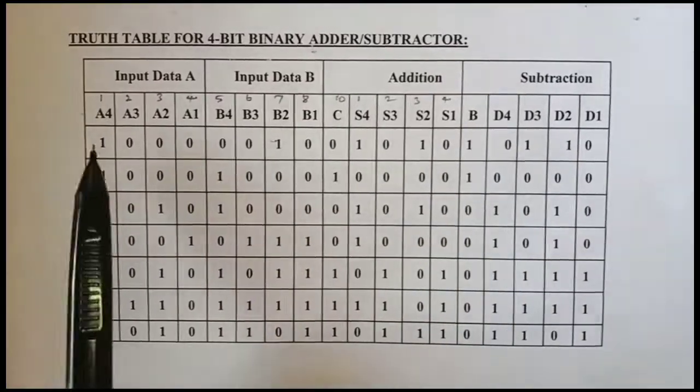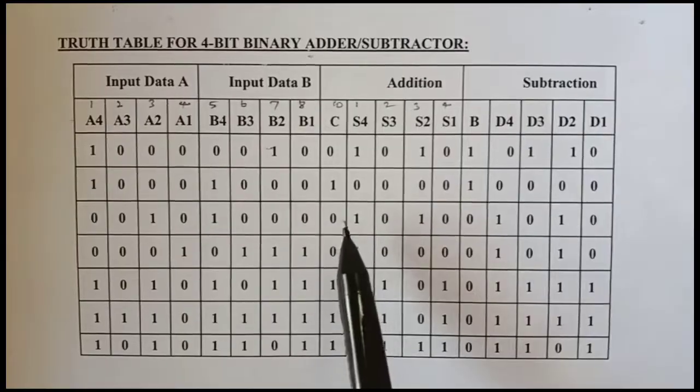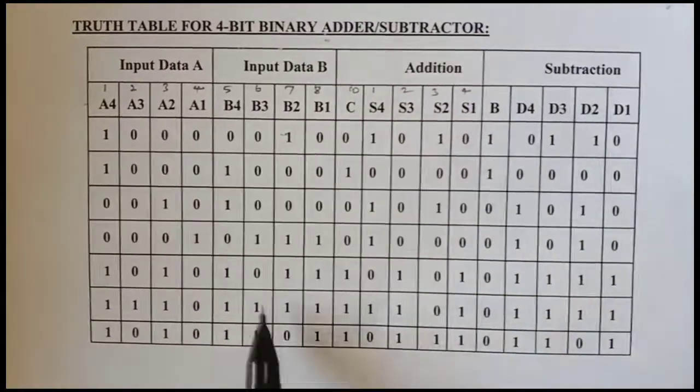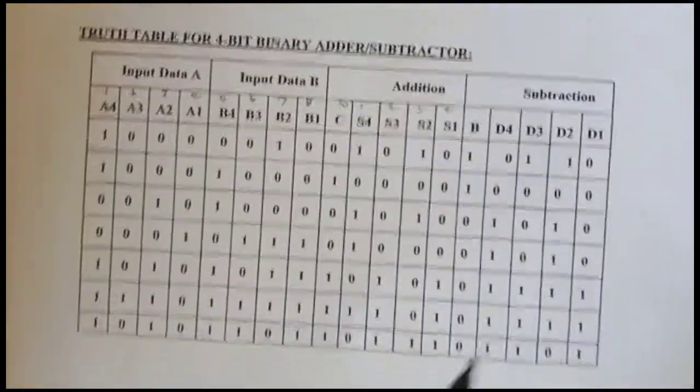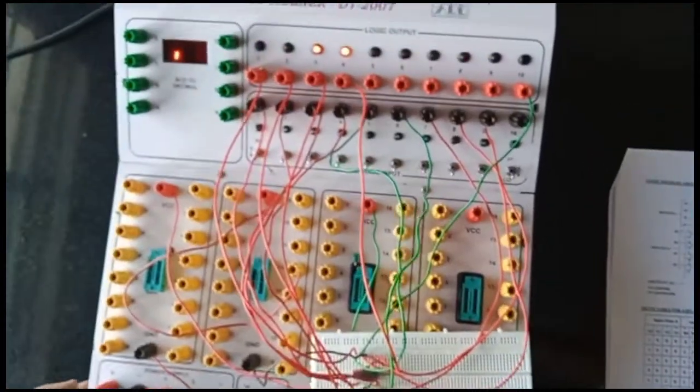Similarly we apply the remaining inputs, and we get the expected sum and carry as per the truth table. Now I am going to implement this and verify the truth table in the digital trainer kit.